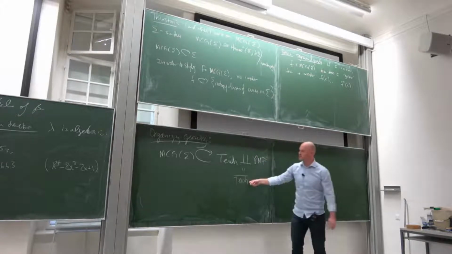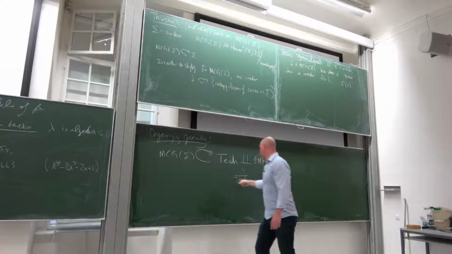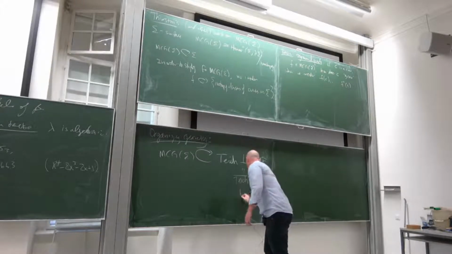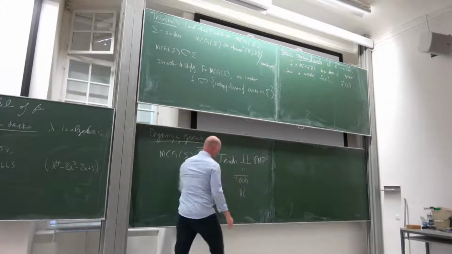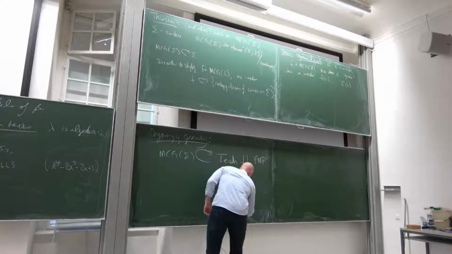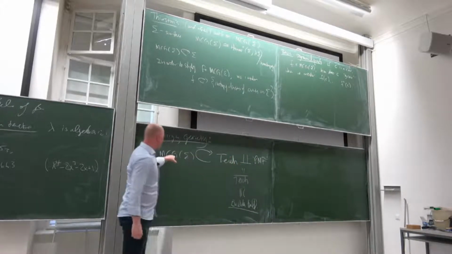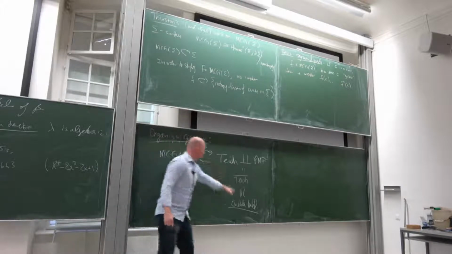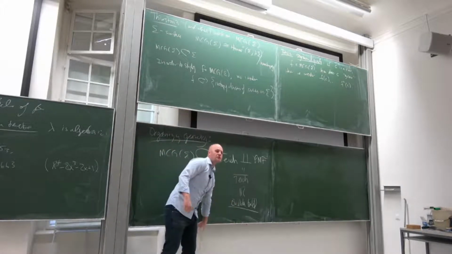So Thurston defined a compactification of Teichmuller space. Why is this important? Well, because one of Thurston's theorems is that this compactification of Teichmuller space is just a Euclidean ball. So you get an action of the mapping class group on this Euclidean ball, and that's crucial for proving things about the mapping class group.